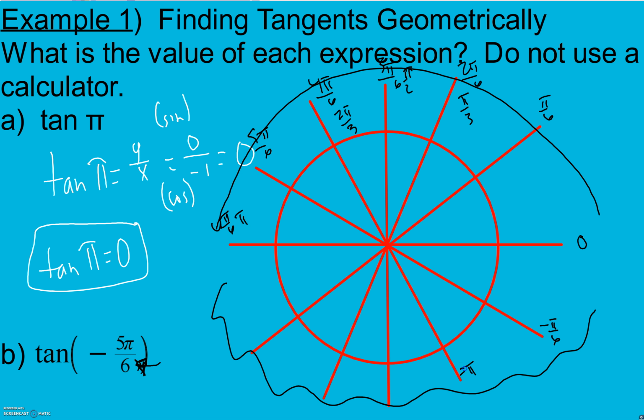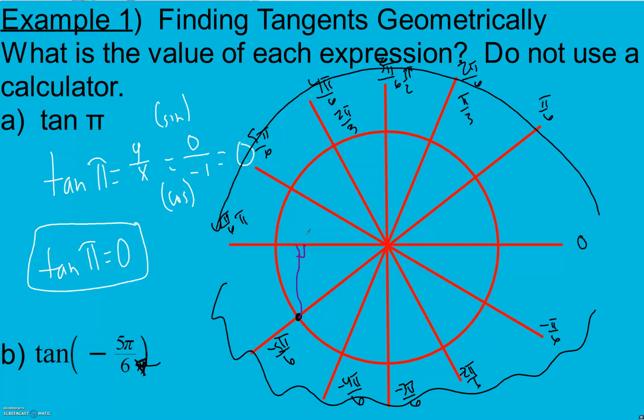Negative 2 pi over 6. Negative 3 pi over 6. Negative 4 pi over 6. Negative 5 pi over 6. So this point right here is the one that I want. We always draw our line to make our triangle to the x-axis. Not a very straight line there, sorry.